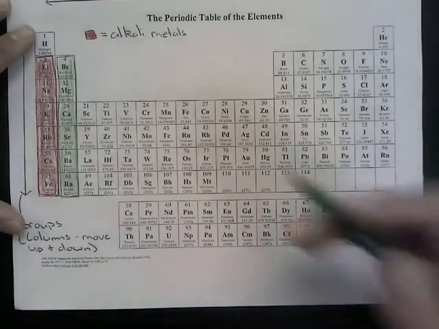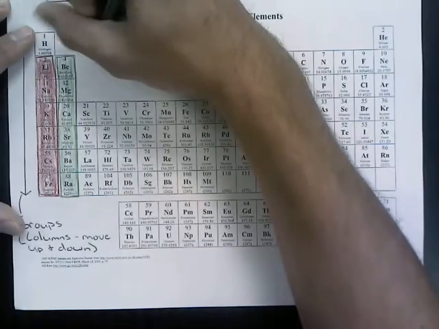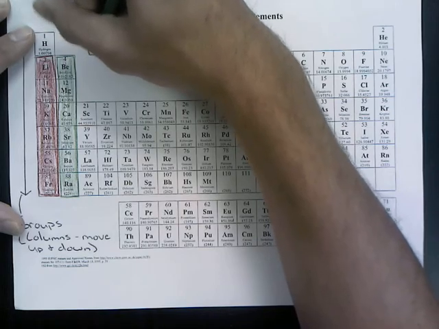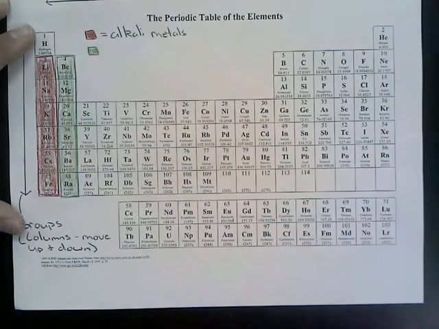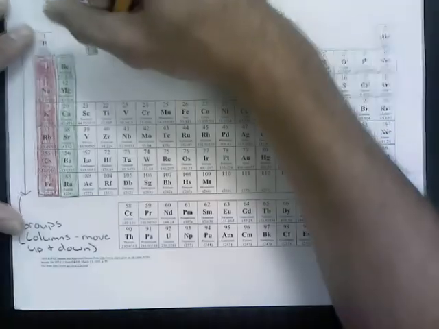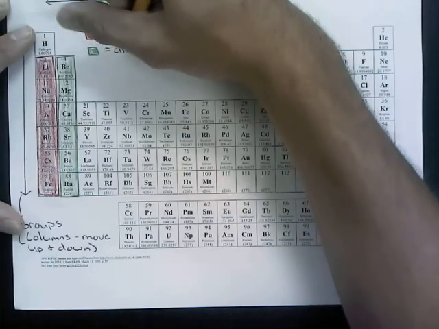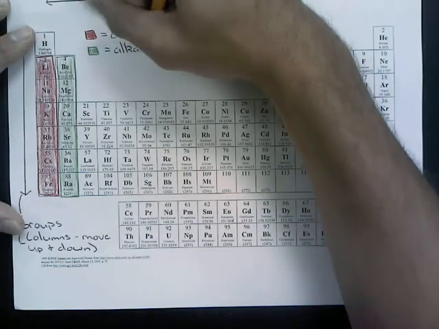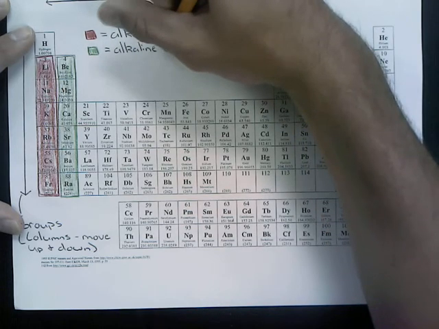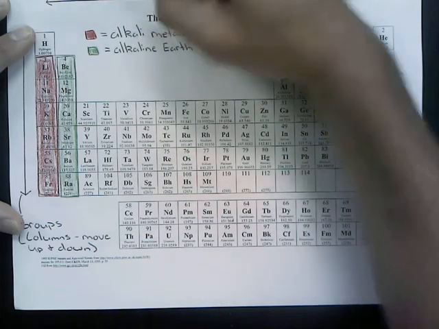And again, just to label this in our key, the elements that are green, these are known as the alkaline earth metals.